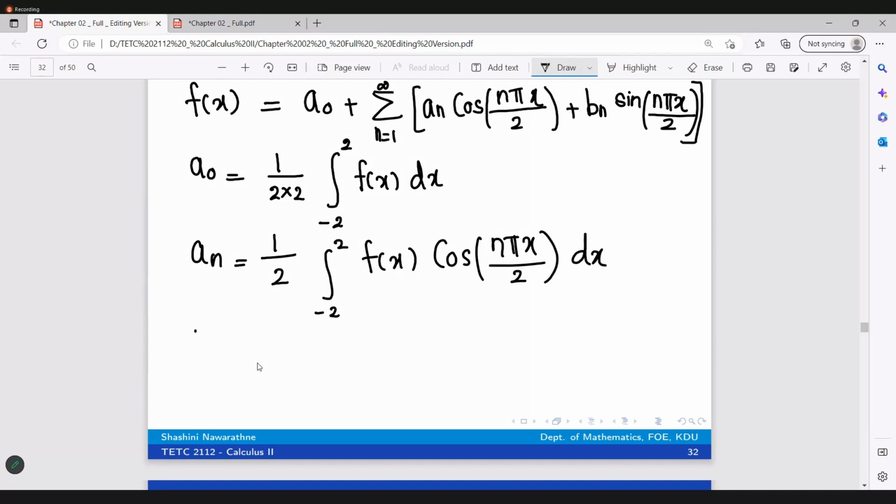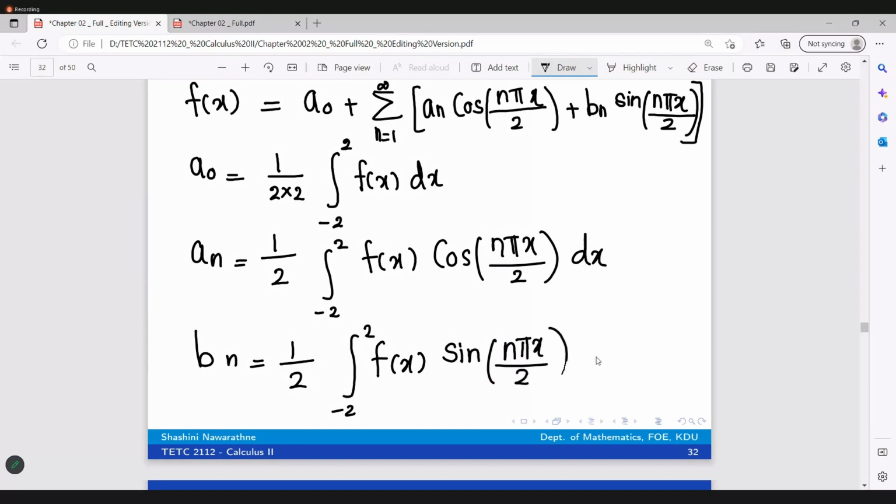And B n is 1 over L, integral from minus L to L of f of x sine n pi x over L dx.